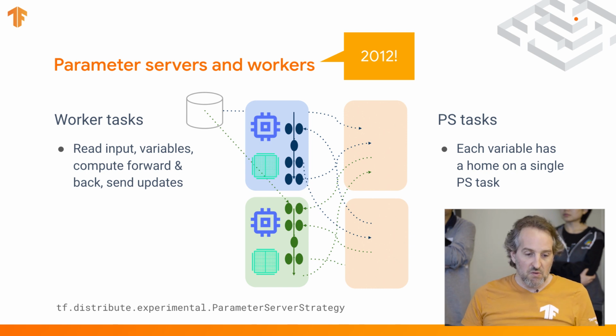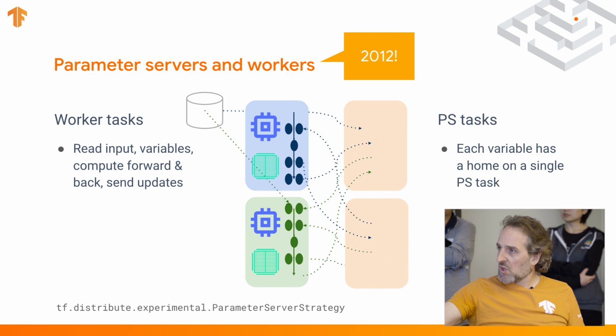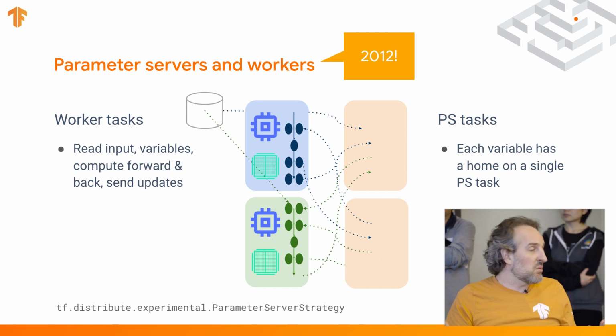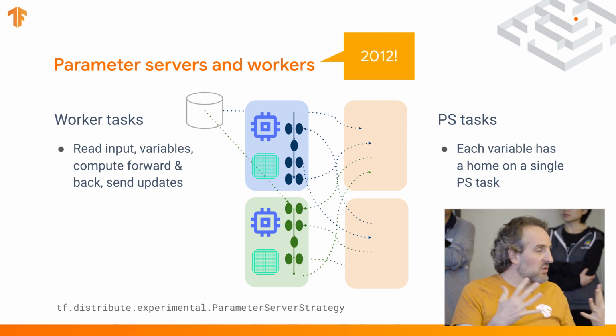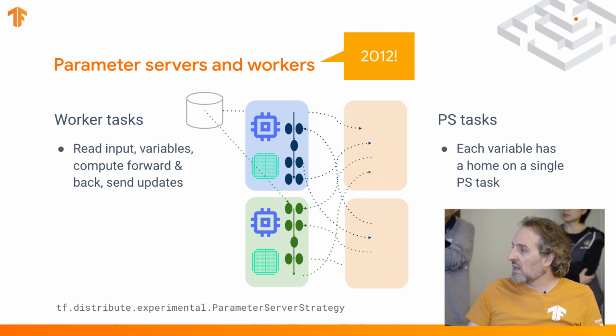And here what's going on is that each worker task is going to be communicating with a parameter server task. Each variable is on a single parameter server task. You might have multiple parameter server tasks, though, if you have lots of variables that are big. You would otherwise need more of them to avoid them being a bottleneck.